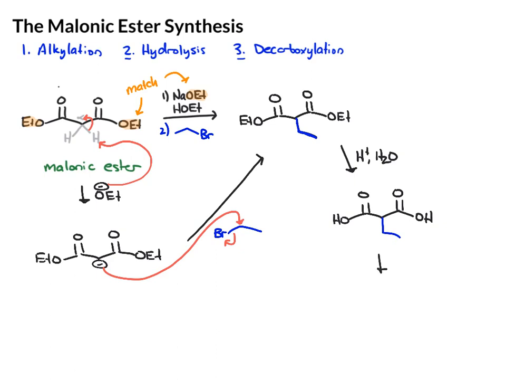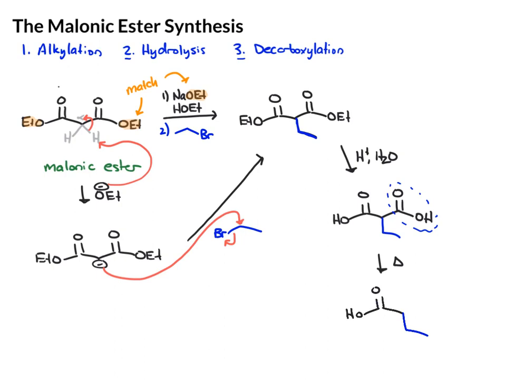And then you can heat this, and that'll do a decarboxylation. We have two carboxylic acids, so it doesn't matter which one you pick to lose. Let's just say we lose this one. And you can only lose one, not both. And here's our product.